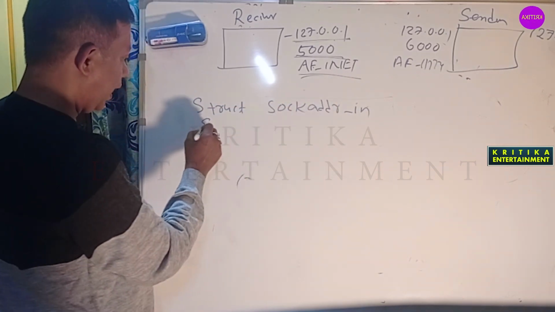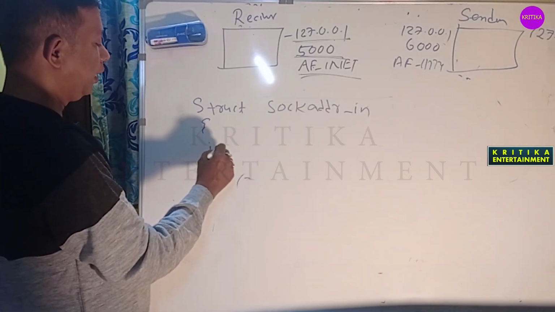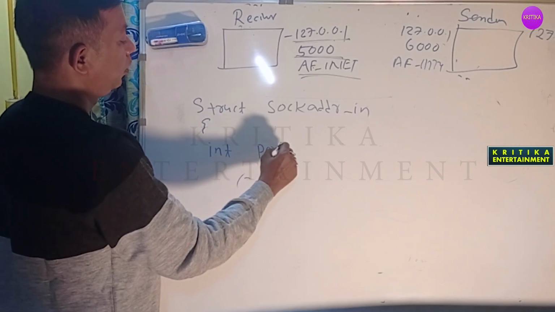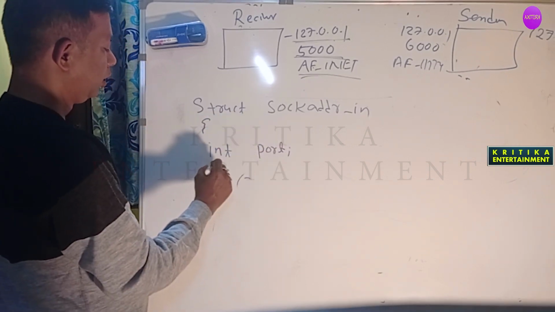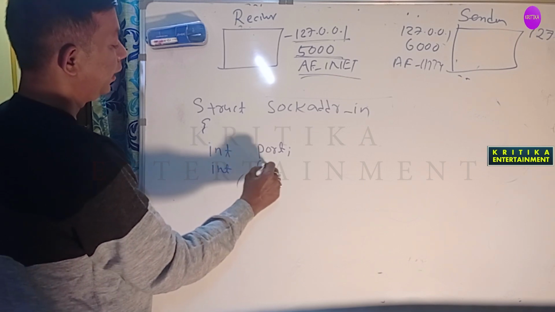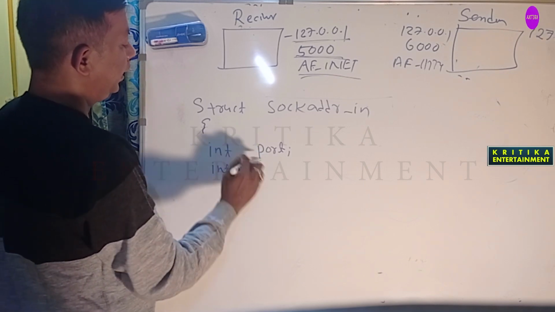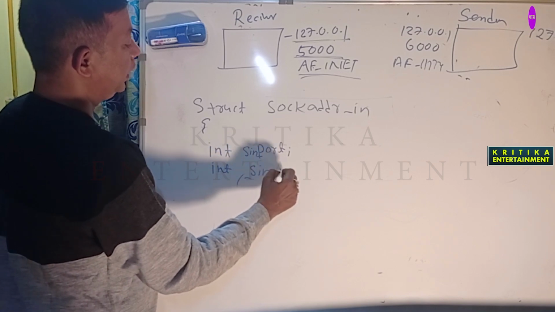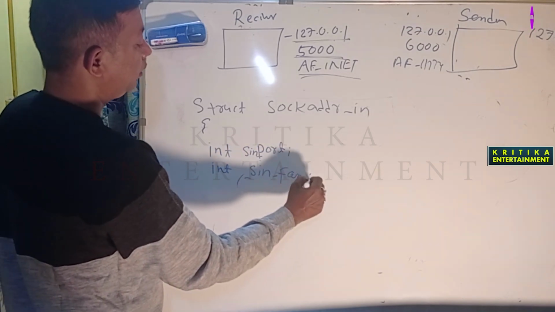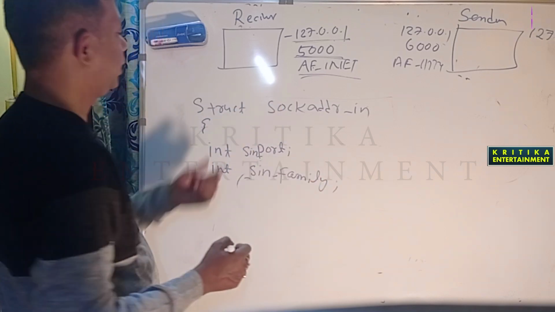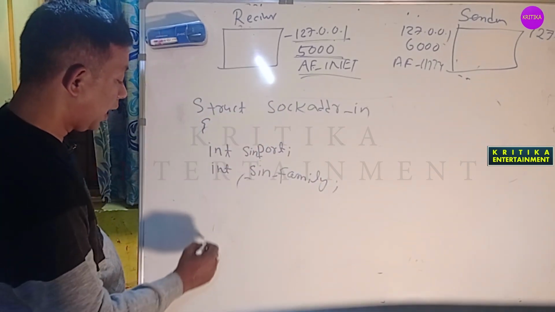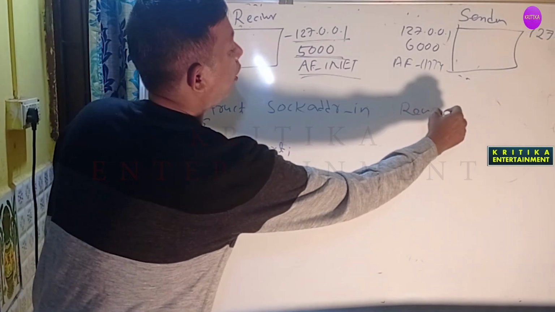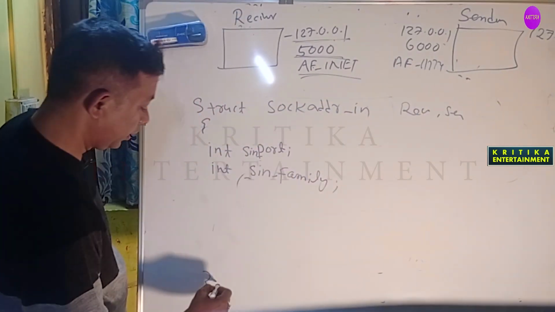Then here I will write, suppose, int port, int sin_port, int sin_family. Okay, this is the data member. And what is that variable name? I have declared receiver or sender. So here write the receiver.